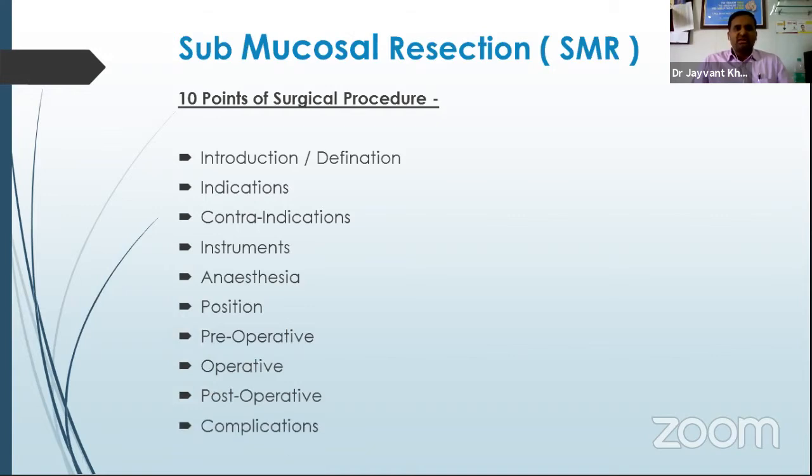These are the 10 points you have to keep in mind regarding all surgical procedures. Not only for submucosal resection, you can write these 10 points for tonsillectomy, proof puncture, mastoidectomy, all the ENT procedures. Then we will see one by one.